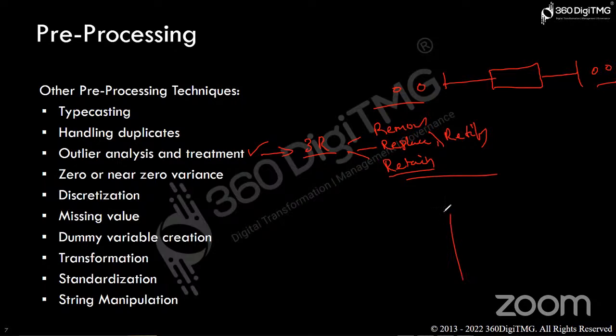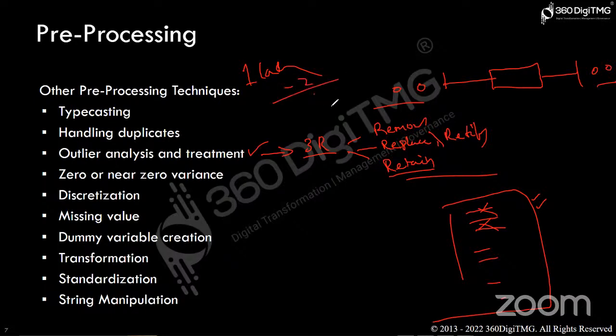Remove the data: if we are having a very large data set, suppose 1 lakh records, and when we look we find that two data points have errors, they are outliers. Even if we remove these, it doesn't affect the data. So in that case, we will remove the data.